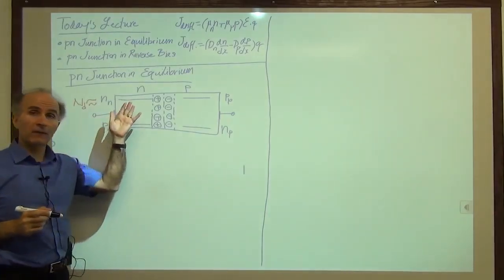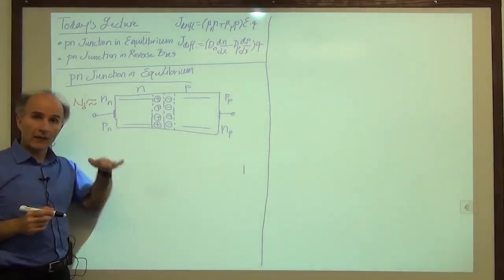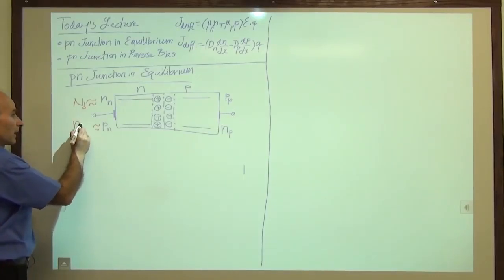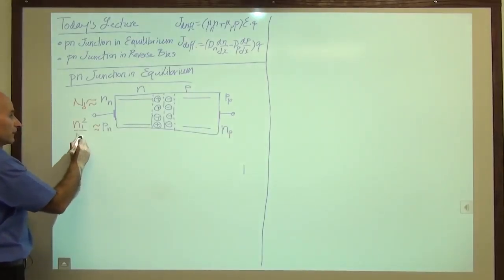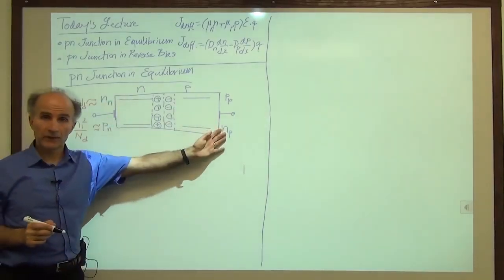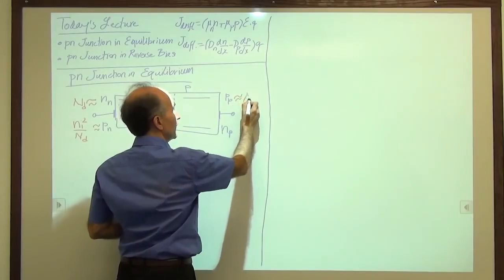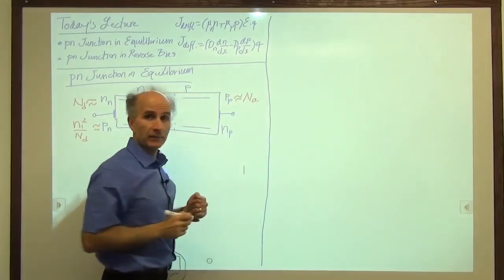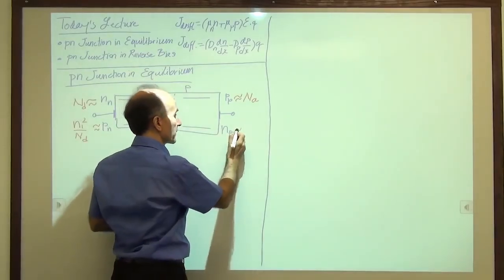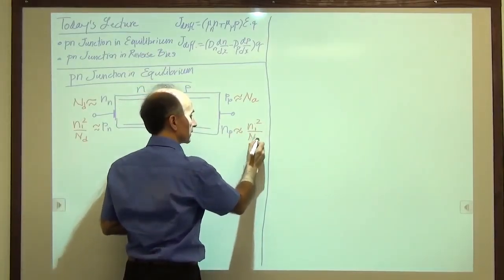And because we have a heavy doping of donors, the holes go down in density to a value given by n_i squared over N_D. And a similar effect occurs on the other side. So p_p is approximately equal to the density of acceptor atoms, such as boron atoms. And then this drops to n_i squared over N_A.